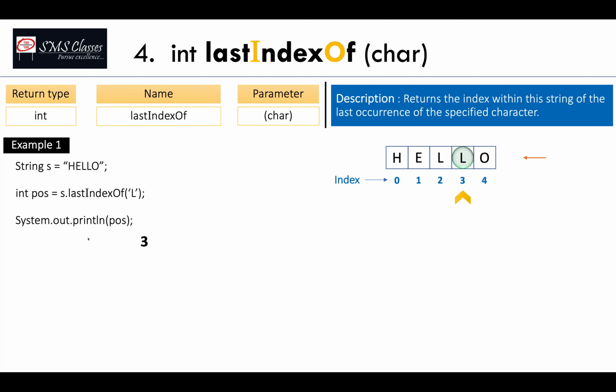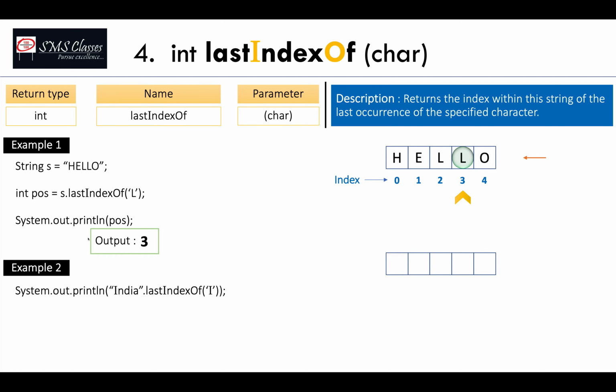If you remember, s.indexOf('l') is 2, and s.lastIndexOf('l') is 3. That is, indexOf gives the position of the first occurrence of the letter, and lastIndexOf gives the last occurrence of the character. If we take one more example, India and lastIndexOf('I'), it searches from the end and ignores the small i, finds the capital I's position, which is 0, and the output will be 0.